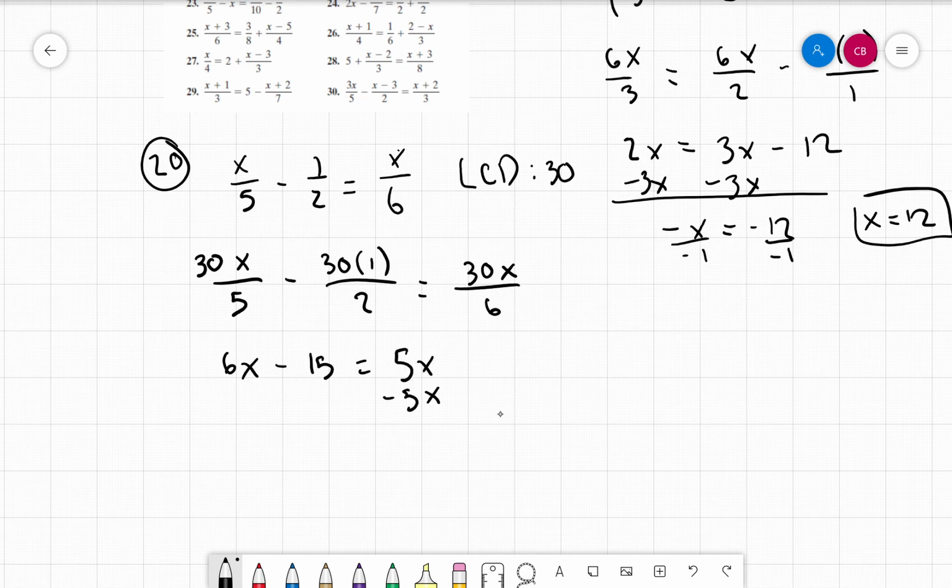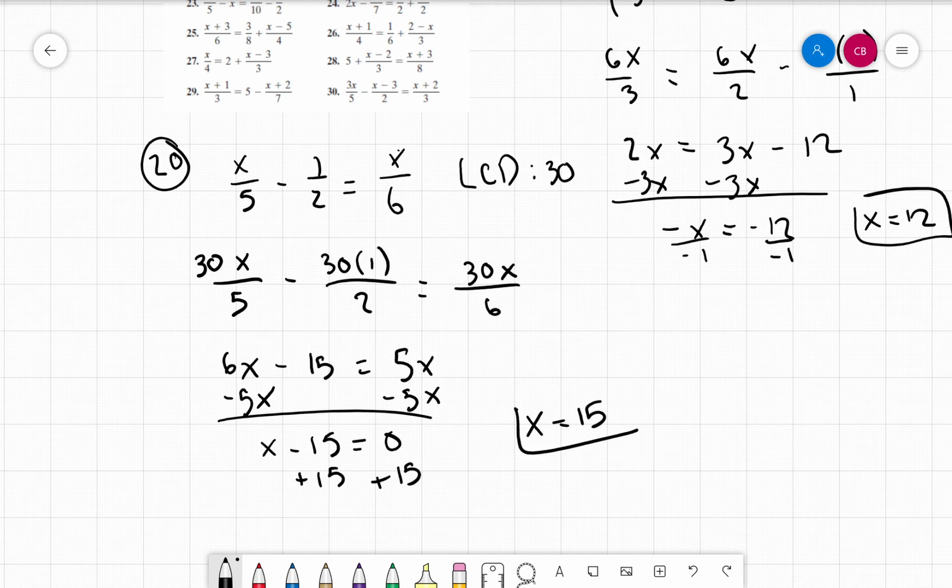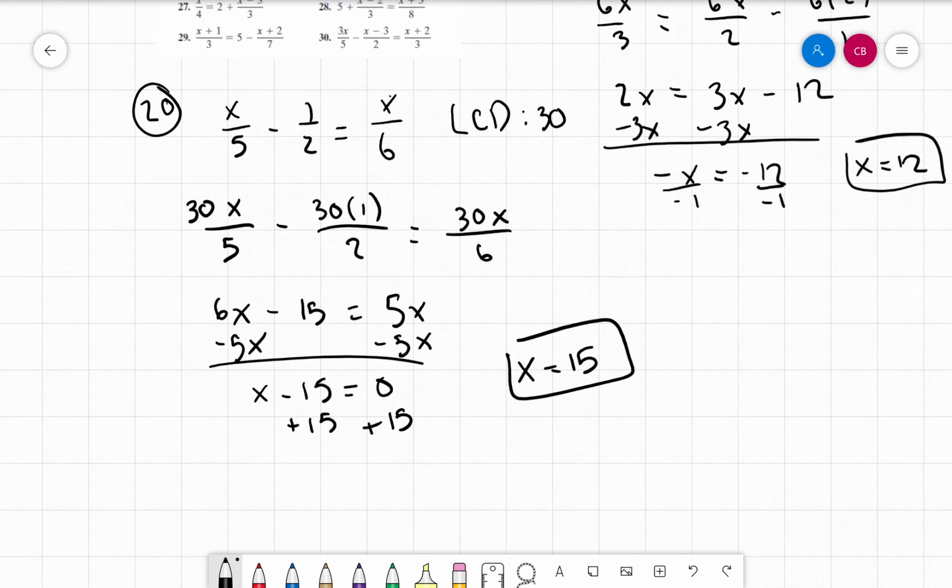Minus 5x. X minus 15 is equal to 0. Add 15, x is equal to 15. So in that case, notice that I got a 0 on this side. That's how you should do that. If you subtract everything from one side, you should have 0 left there, and don't forget to do that.